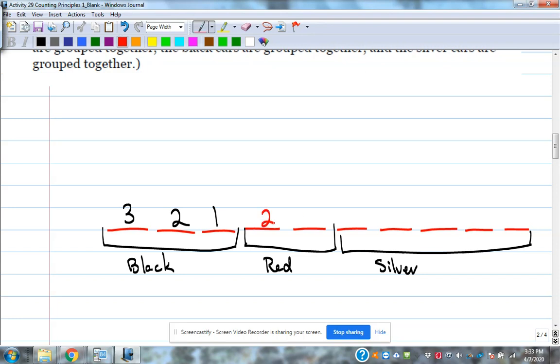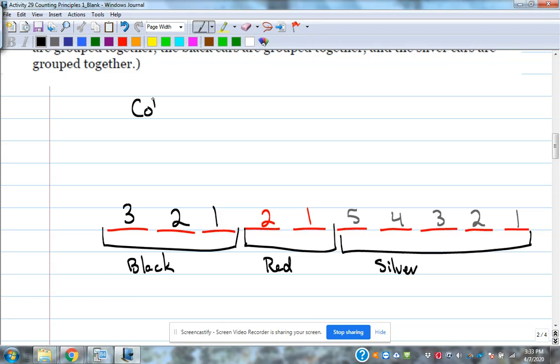Red cars, there's 2 and 1. Silver cars, there are 5, 4, 3, 2, and 1. Now, this kind of looks like it implies that black comes first, then red, then silver. But we need to take into account what happens if we rearrange the colors, and red came first, then silver, and then black, or something like that.